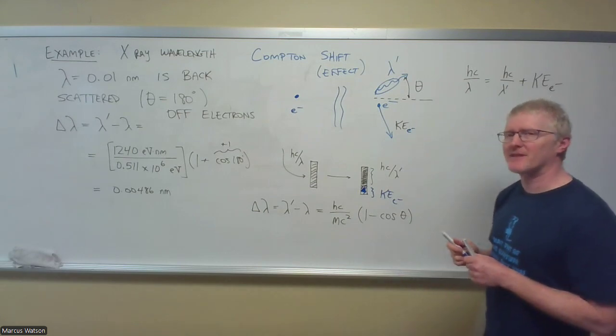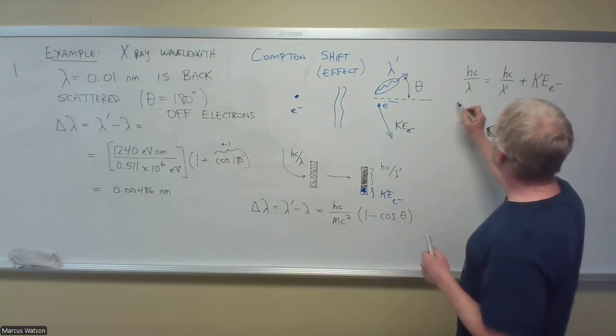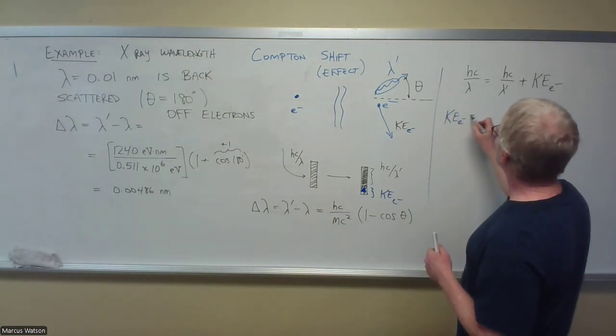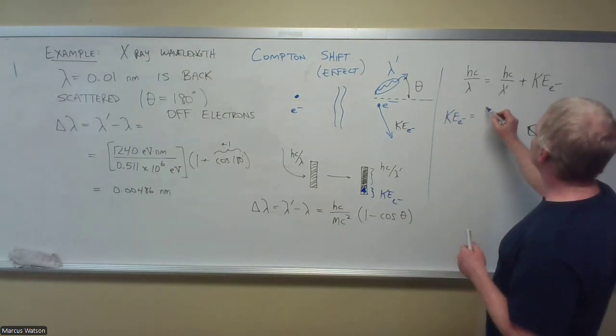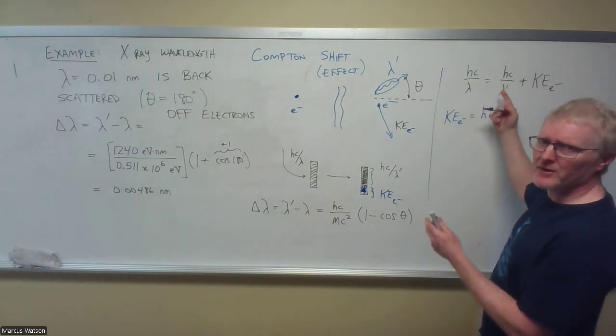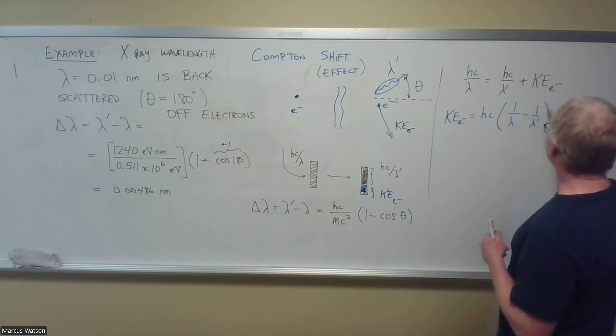So here's something that I have found often will happen. I'm going to look for the kinetic energy of the electron. So we're solving for kinetic energy of the electron. What does that look like? Well, it's hc times, if I pull this over to the other side and factor out the hc, I'm going to get 1 over lambda minus 1 over lambda prime.